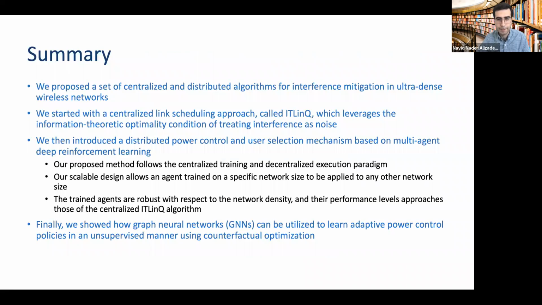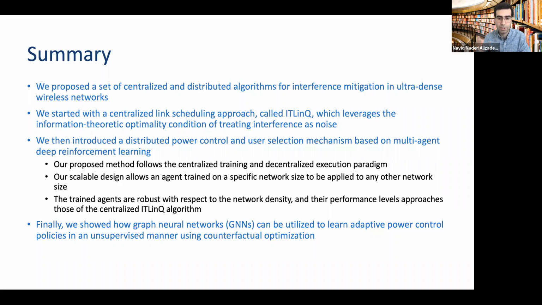Okay, so just to summarize, I talked about a set of centralized and distributed algorithms for interference mitigation. I started with ITLinQ, which was using the network information theoretic conditions for optimality of treating interference as noise, but that was centralized. I then talked about using multi-agent deep reinforcement learning to distribute decision-making across different agents.